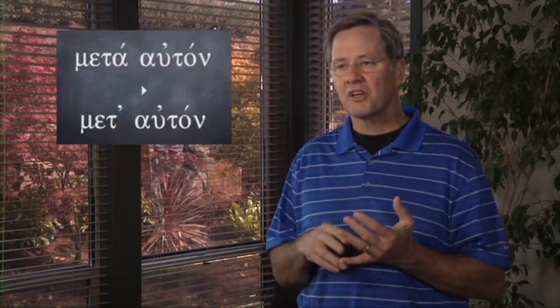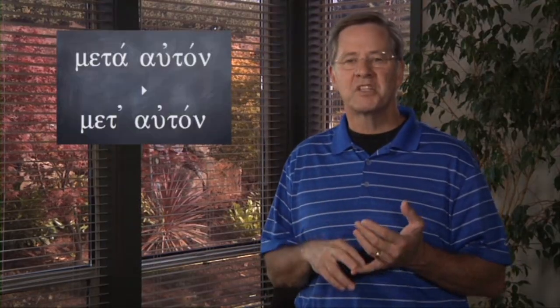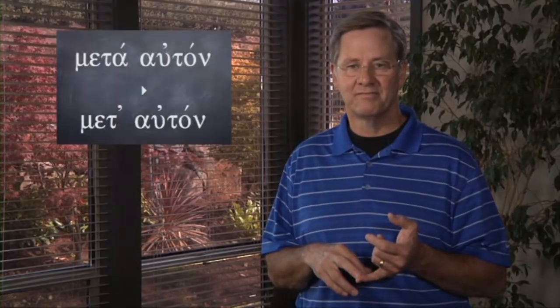Well, that's what's going on in prepositions. If a preposition ends in a vowel, and if the next word begins with a vowel, it's possible that that final vowel on the preposition will drop out. It's called elision, and it's going to be marked with an elision mark. It looks just like an apostrophe. So, for example, let's say you saw the expression meta auton.